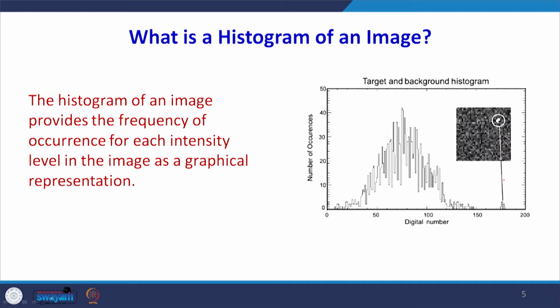Now as I told you earlier, the image can be represented graphically in the form of a histogram, where digital numbers are plotted on the x-axis and the occurrence frequency is on the y-axis.